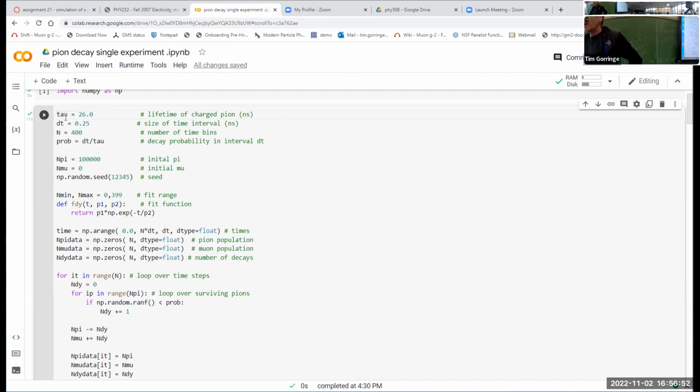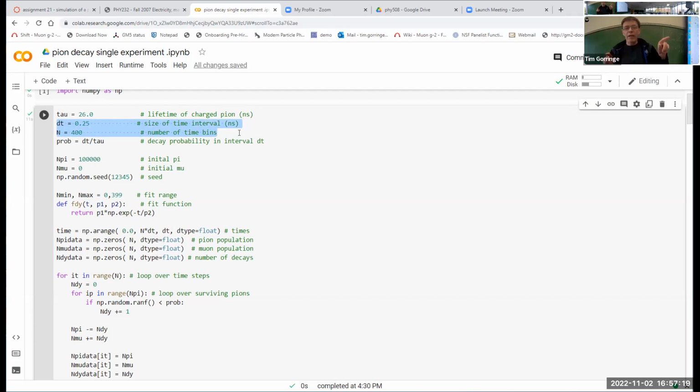So some parameters. Firstly, if we're going to simulate the lifetime, we've got to have the lifetime. So it's 26 nanoseconds roughly. We're going to build a time spectrum, so I've got a couple of parameters to describe the time distribution that I'm going to build.